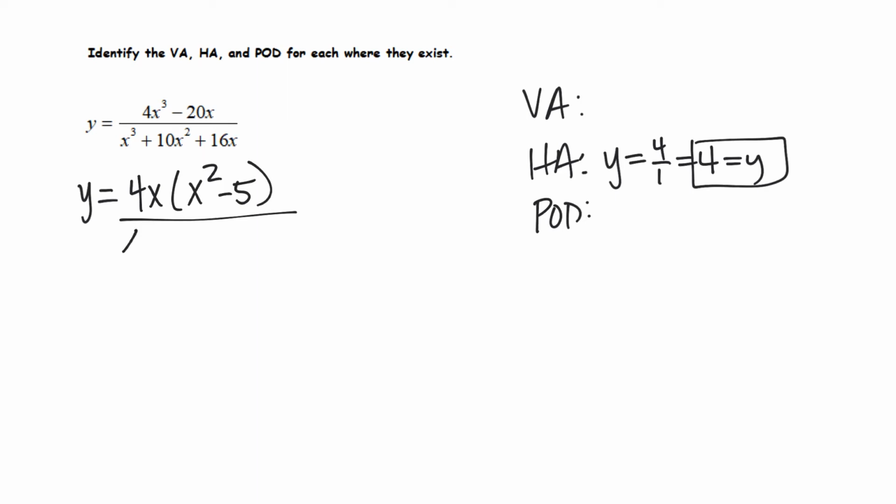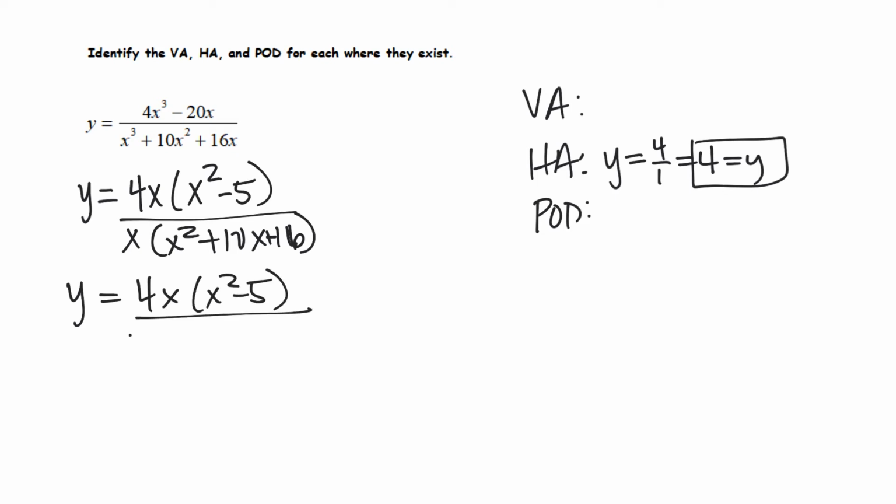My denominator factors with the GCF first. So then I have y is equal to 4x times x squared minus 5 all over x times x plus 8 and x plus 2.